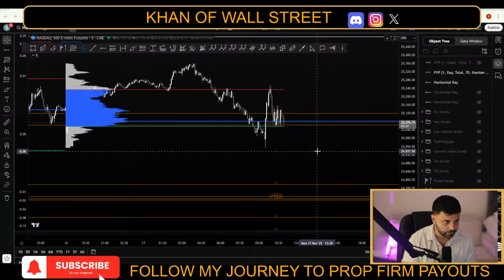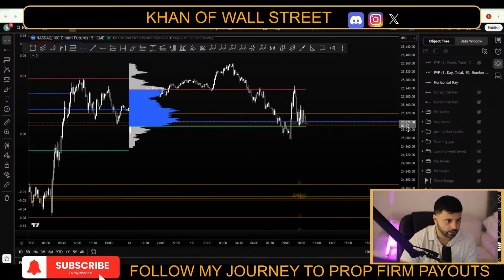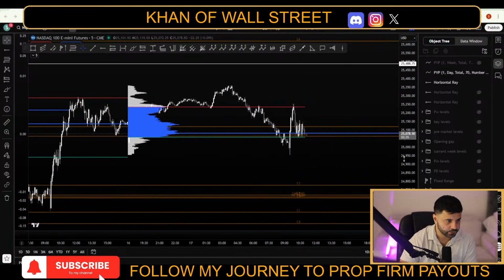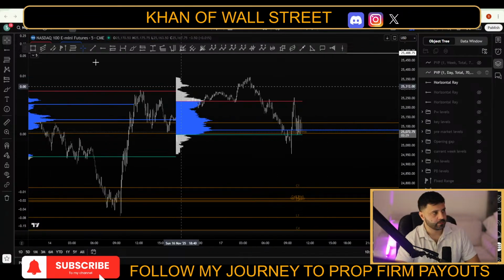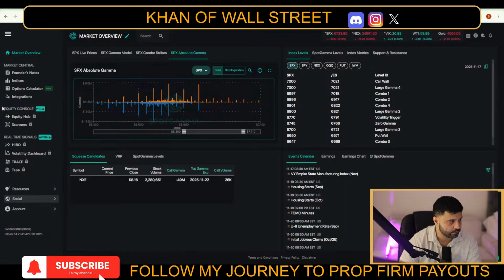They influence direction a lot, not just on the indexes, even on the individual stocks. A lot of options trading on individual stocks. Here we're more concerned about the index, but we can monitor individual stocks as well.